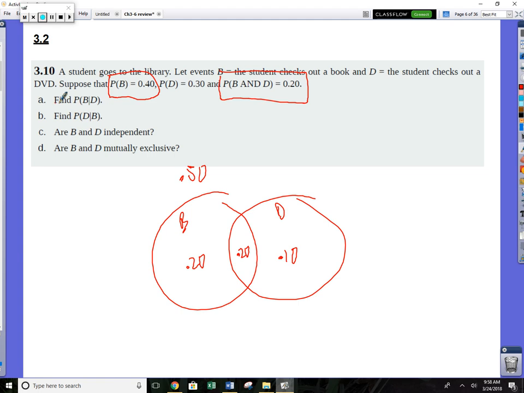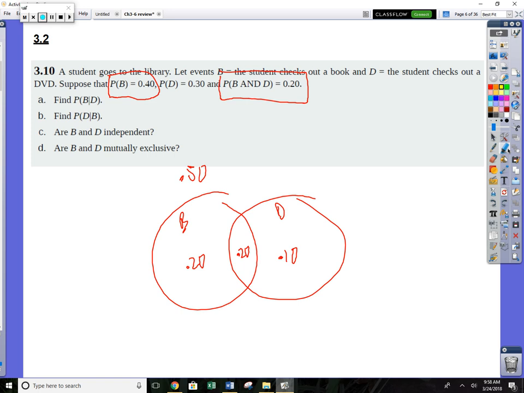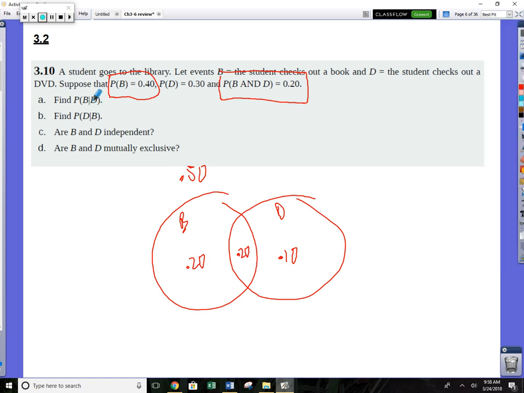Okay, A. What are the chances that you run into someone who checked out a book given that they live in the DVD world? If they live in the DVD world, this changes the sample space. All we're looking at is this DVD world. You're not looking at the entire 100%. We are only looking at 30%.